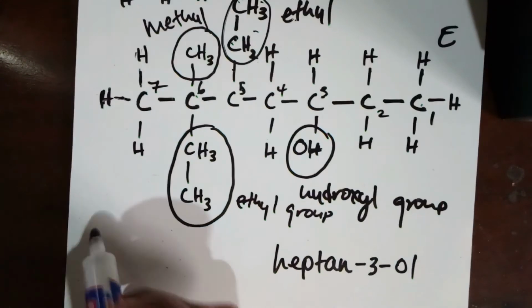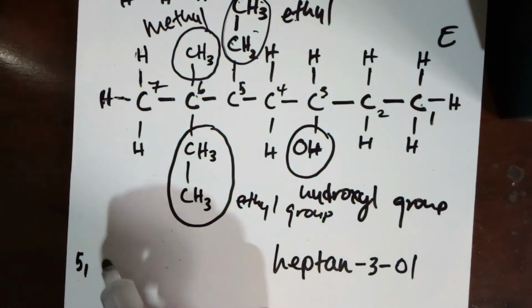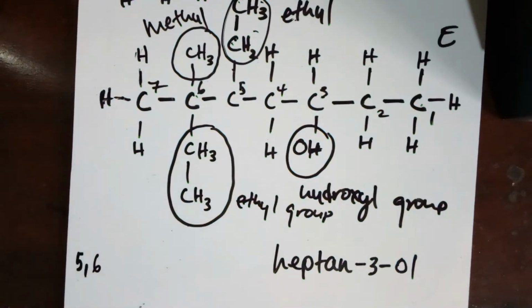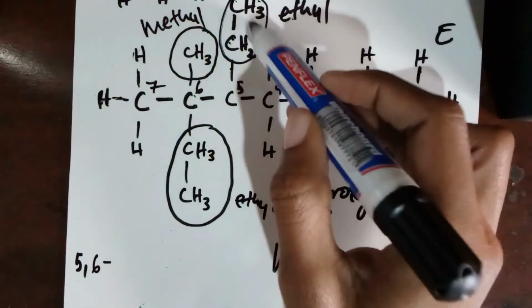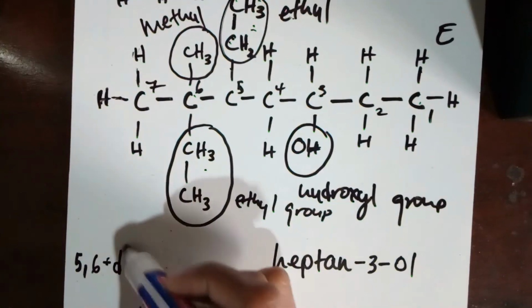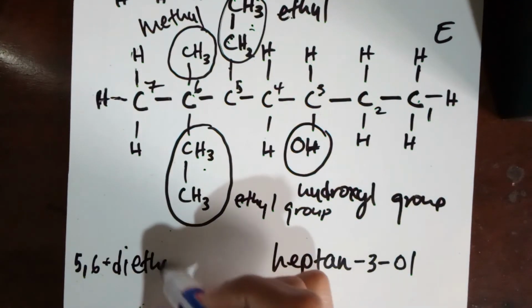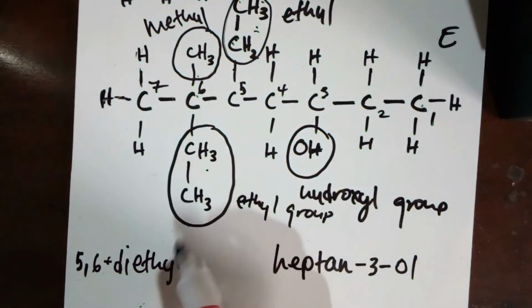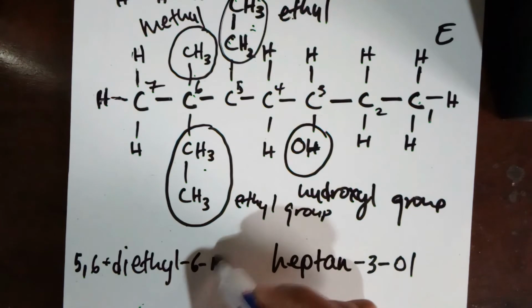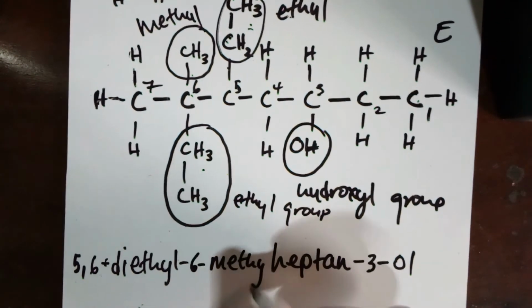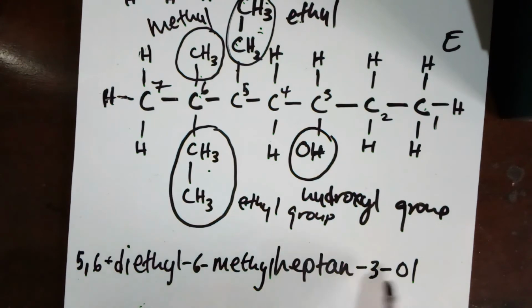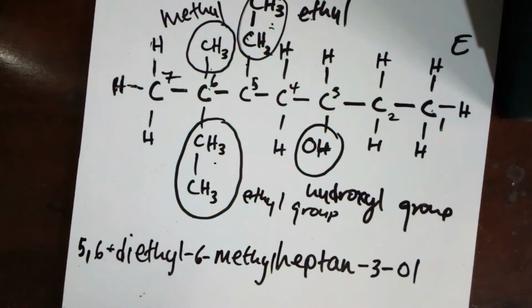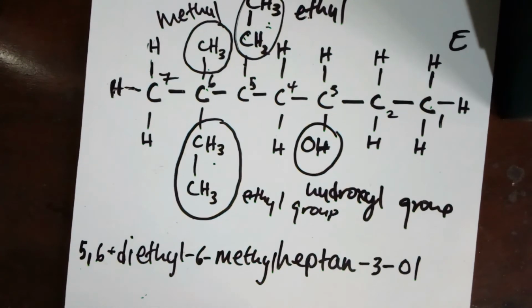So we will have 5,6-diethyl, because there's 2 of them. And then we have a methyl group here at carbon number 6, methyl. Oh, there's an L here, 6-methylheptan-3-ol. So that would be the name of compound E.